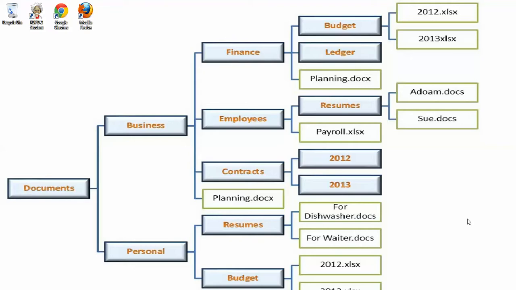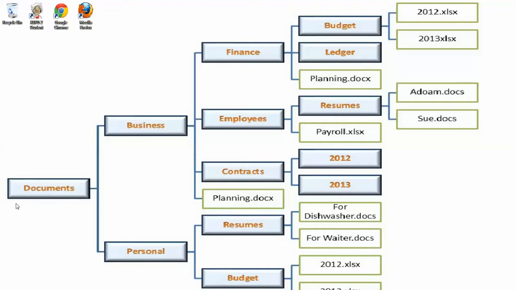So one way to organize your files is to put them in certain folders. In this case, I have created these folders in kind of blue rectangular shapes, and it's starting from the left.